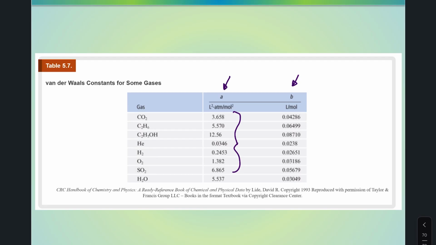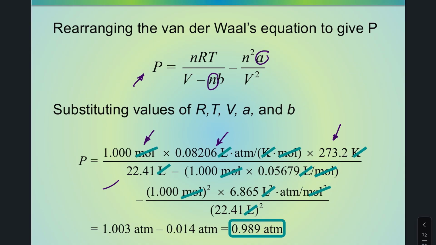For SO2, A and B are going to be these values here, 6.865 and 0.05679. So we have B as 0.05679 here, and A is going to be 6.865. All of this is going to collapse to give you this value right here, 0.989 atmospheres.